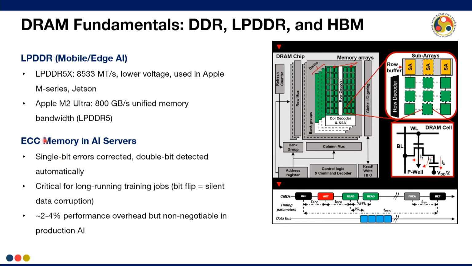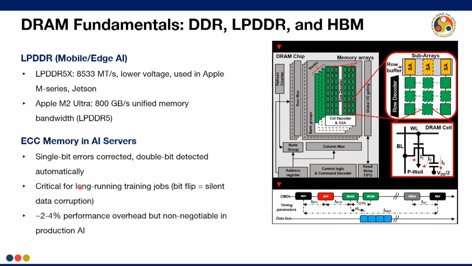In addition to increased bandwidth, we also have ECC, error correcting codes, deployed inside these memory hierarchy systems, which can correct single-bit errors. Double-bit errors can also be detected automatically. These are essential because AI trains on large datasets, and silent bit flipping will cause data corruption.